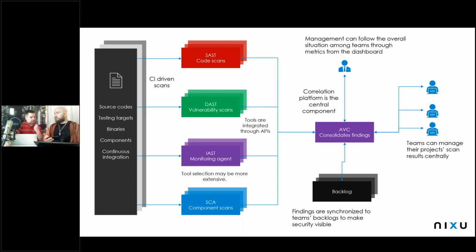Yeah, so starting with false positives, AVC is of course helping with that, because as you can see from the picture, it collects all the findings in one place, in one system. The different scanners, those AVC tools, can read a really large number of different scan results. So you get code scanning and dynamic scanning and IAST and component scanning results in there, even manual testing results, if you will.